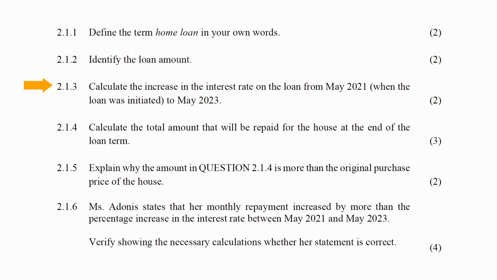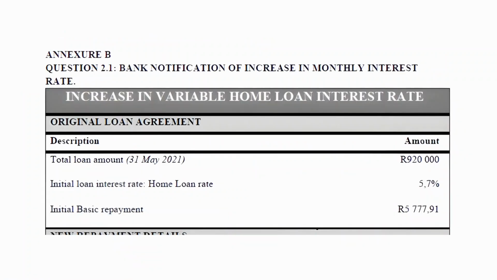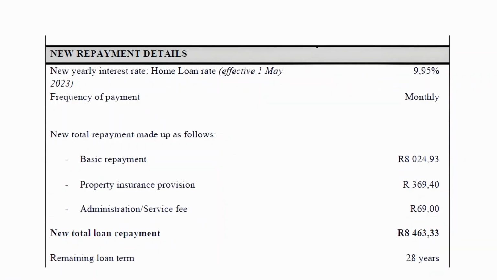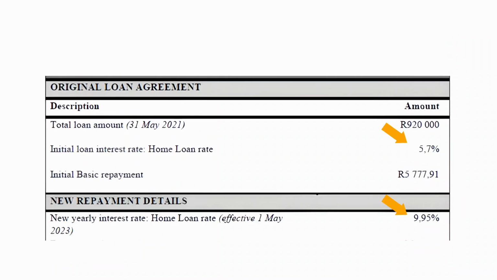In question 2.1.3, you have to calculate the increase in the interest rate on the loan from May 2021 when the loan was initiated to May 2023. The increase in the interest rate from May 2021 to May 2023 will be the difference between these two rates.